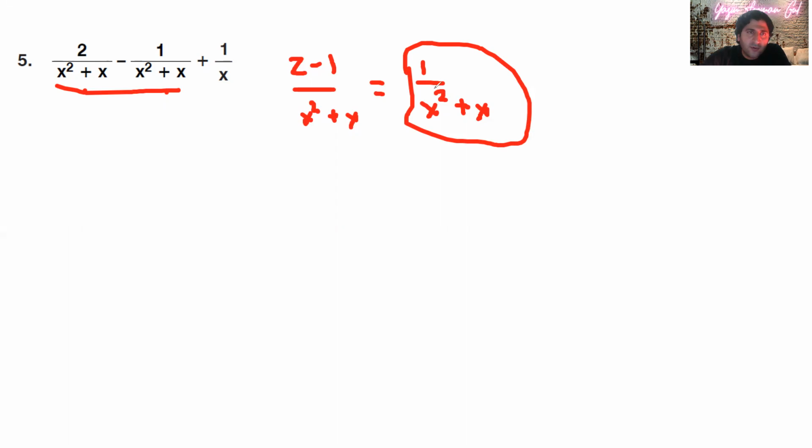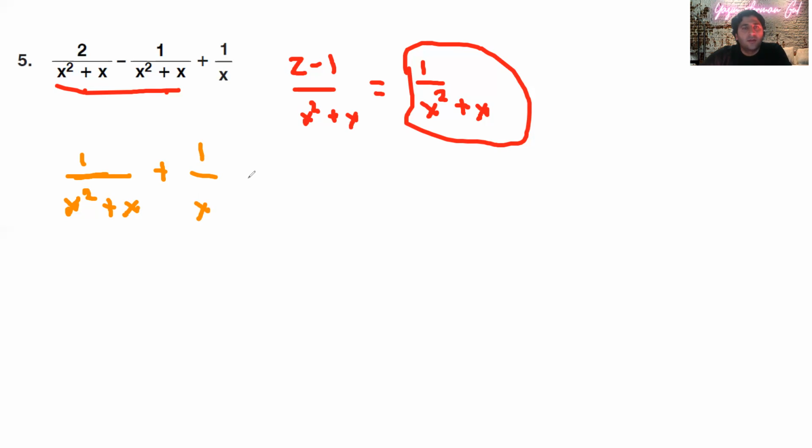So I'm going to rewrite everything here. So my question is basically this now: 1 over x squared plus x, plus 1 over x.